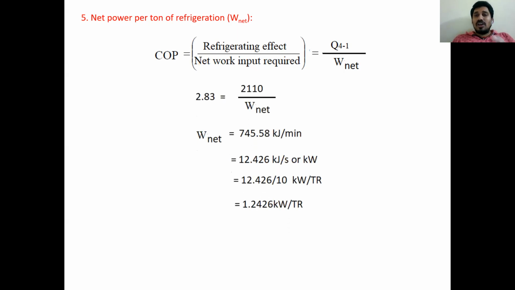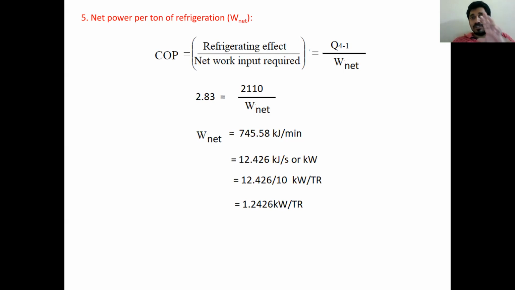So in this equation, what are the known values? Q41 is already given in the problem data, that is 2110 kilojoules per minute. COP value we determined in objective 1, that is 2.83. So from this I determined W net as 745.58 kilojoules per minute.